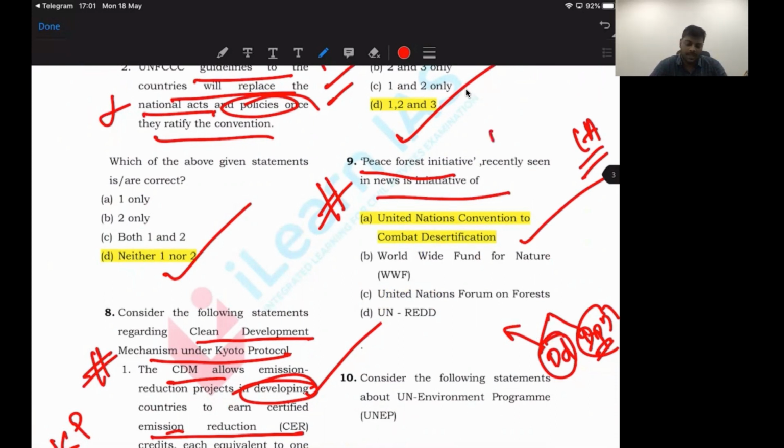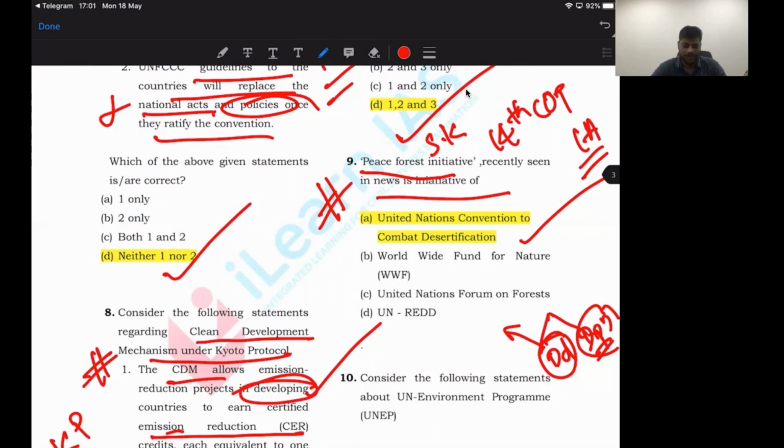Because UNCCD's 14th COP was held in India, and as a part of that 14th COP, South Korea launched this particular program for forest protection and desertification prevention. These kinds of activities should be used as conflict management activities between national borders.